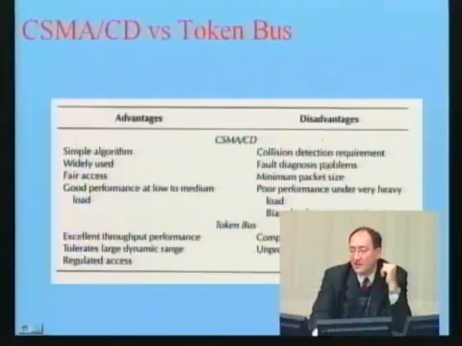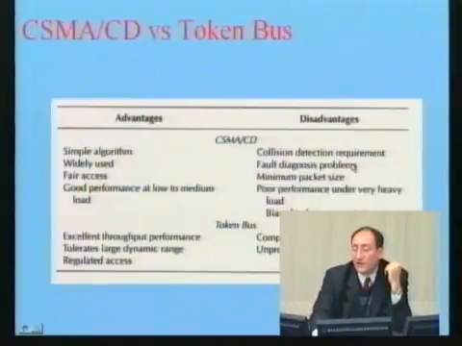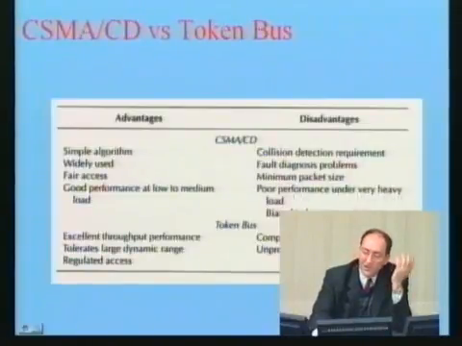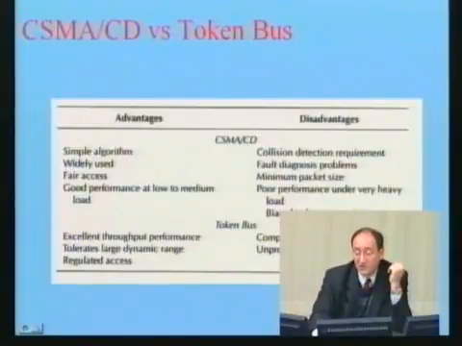And then disadvantages of 802.3 is collision detection is analog, and fault diagnostic cannot be done. Minimum packet size is short for some of the applications. Poor performance under heavy load, and it's biased to long transmissions.